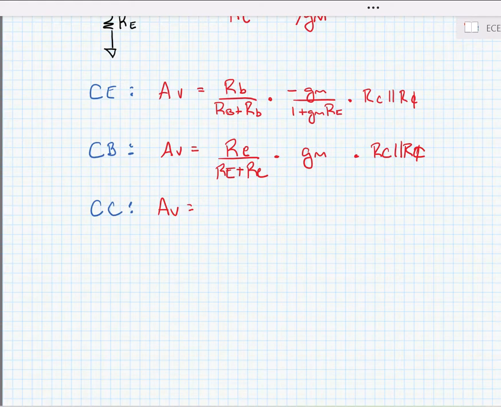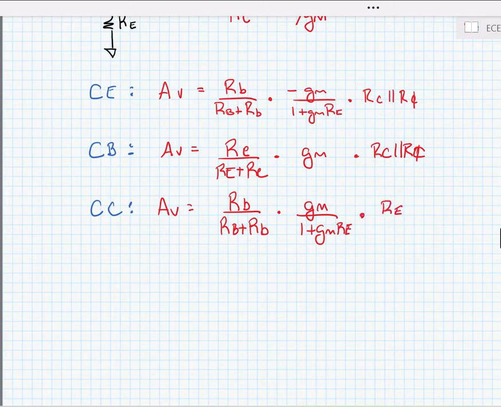The common base is R little e divided by (R big E plus R little e), times gm times R_C in parallel with R_S. And finally, for the common collector, it is R little b divided by (R_B plus R little b), times gm divided by (1 + gm R_E) times R_E.